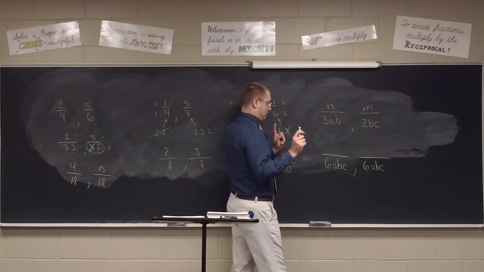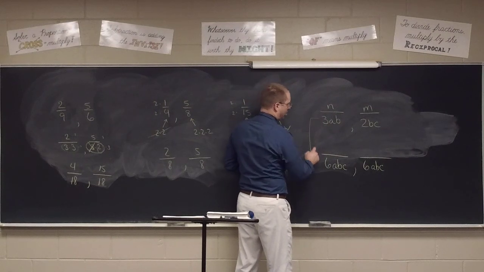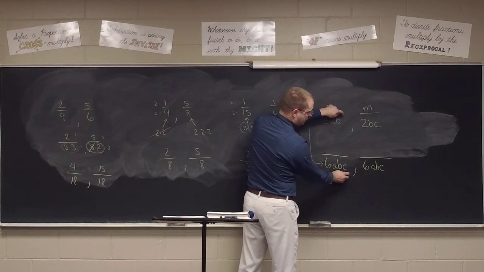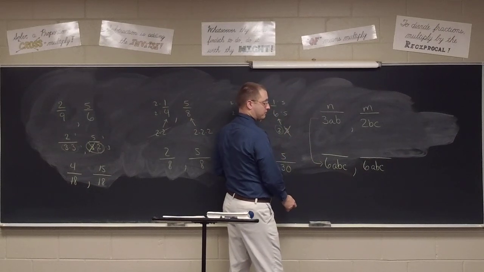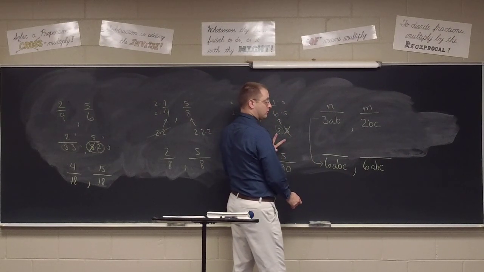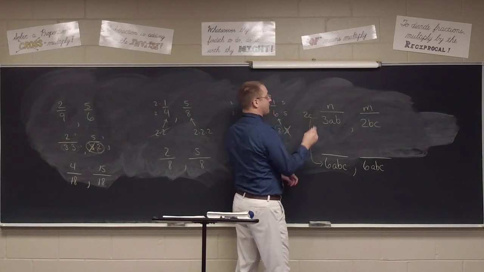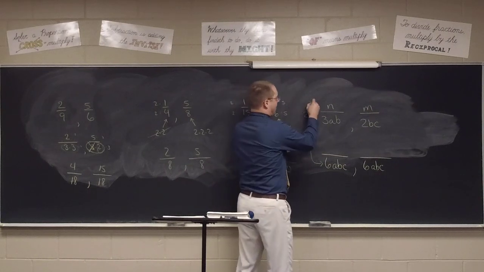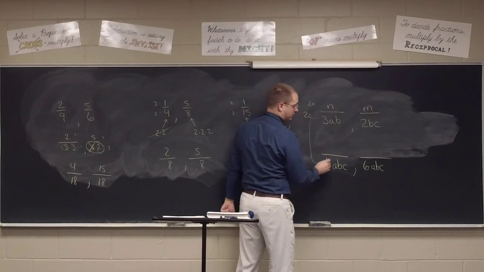Now, Noah, here to here, what changed? 2. And then C. 2C. And if that changes in the bottom, class, it changes in the top. So my numerator, Noah, 2C.